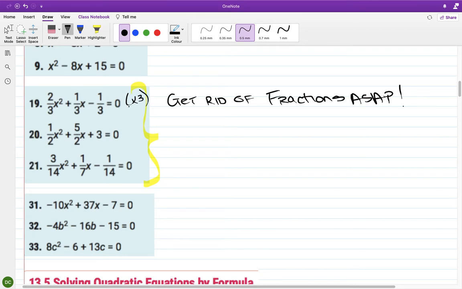And that would cancel them all out. The second one, we have a 2, and then this one you'd have to put over 1. So you always multiply by the biggest bottom line. So on that one, you'd multiply by 2. And here we have a 14, a 7, and a 14. So again, you multiply by the biggest bottom line. So in that one, you'd multiply by 14. So you multiply the first one by 14, the second one by 14, and the third one by 14, and then do whatever adjustments are necessary.